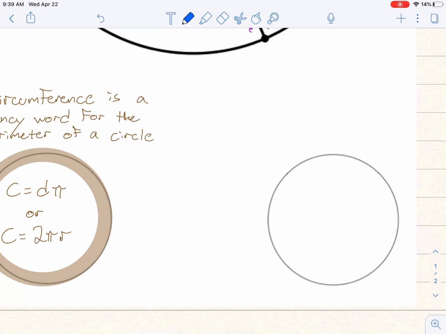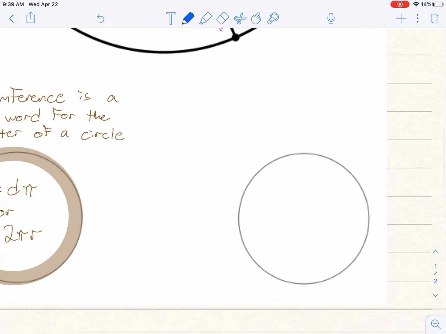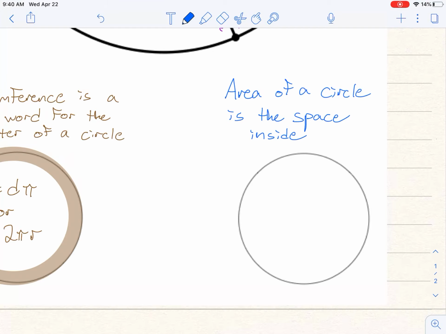And then finally, everybody's formula. This is one that sometimes students know without ever being taught it, just because it's one of the more popular ones. The area of a circle is the space inside, which makes sense. It's all the space that's contained inside of the circle.